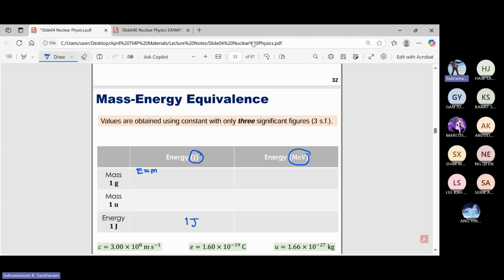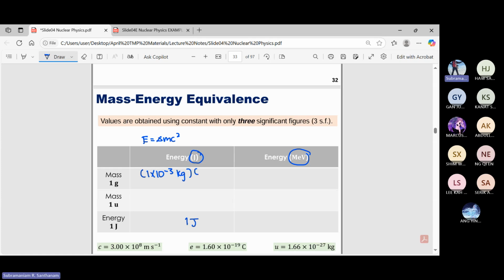Therefore I use the formula E equals delta m c squared. I will write the formula on top, easier. So we are going to use E equals delta m c squared. To calculate the energy for 1 gram, delta m is 1 gram, which we must change to kg, so it is 1 times 10 to the power of minus 3 kg.